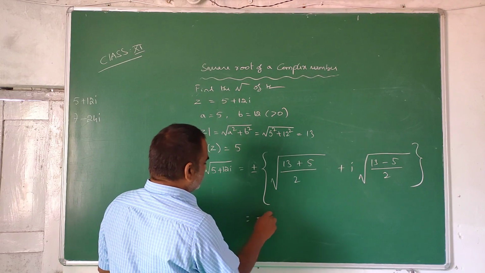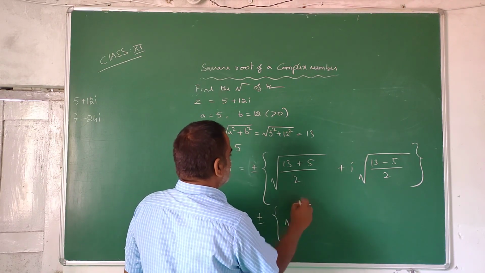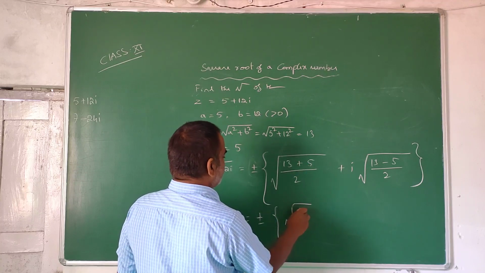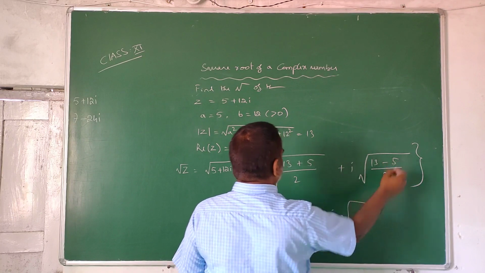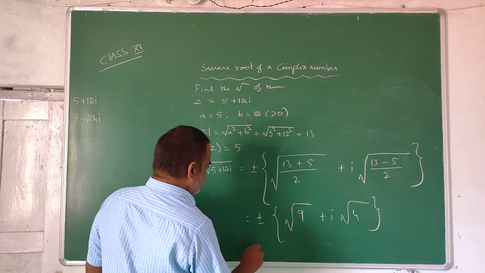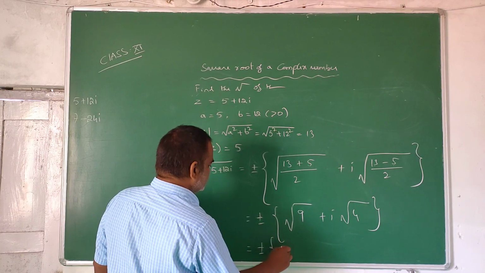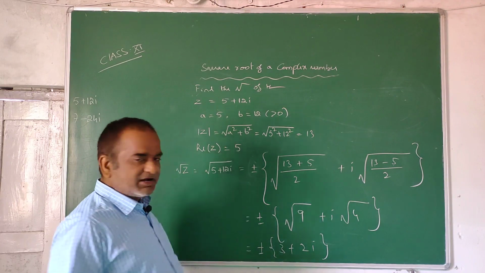So this is equal to plus or minus root of (13 plus 5 is 18, 18 by 2 is 9), plus i into root of (13 minus 5 is 8, 8 by 2 is 4), which is equal to plus or minus (3 + 2i). This is the square root. Understood?